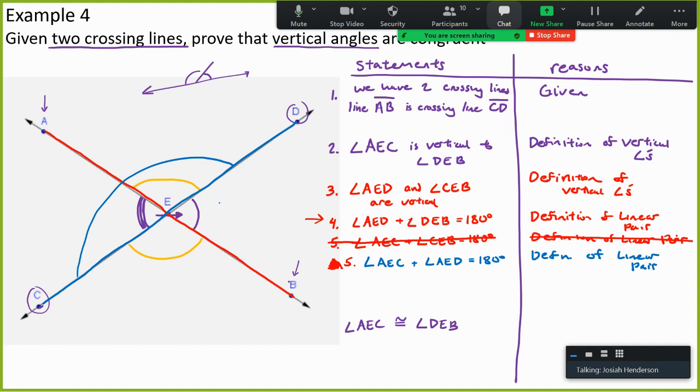Now we can set these equal. So I'm going to set line 4 and line 5 equal to each other because I can substitute the 180 for the 180. So my line 6 now, angle AED plus angle DEB, that's line 4, is equal to line 5, angle AEC plus angle AED.